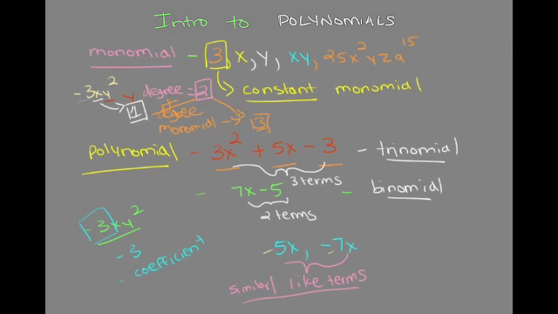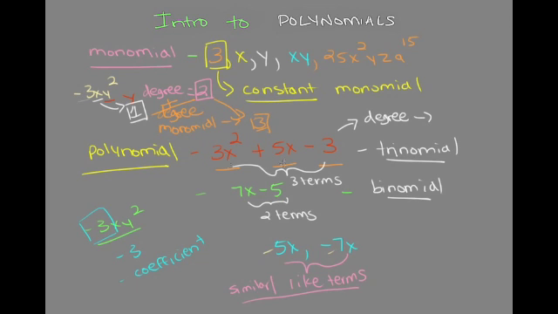Now the degree of a polynomial is the greatest degree of its monomials. So if we have this polynomial here, the degree of the polynomial would be the greatest of the degrees of its monomials. So the degree of this monomial is 2.